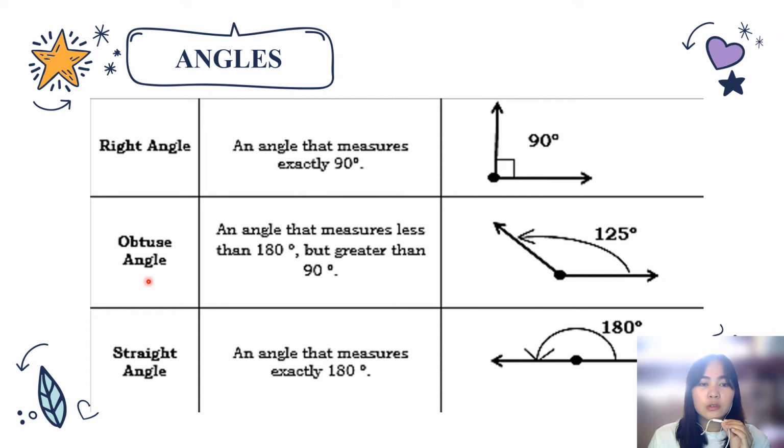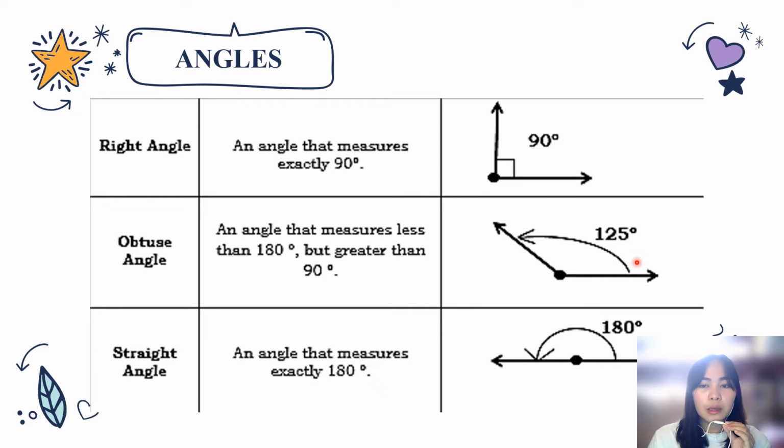How about obtuse angle? An angle that measures less than 180 degrees but greater than 90 degrees. So, obtuse angle, mas gamay sa 180 degrees but dako siya sa 90 degrees. So, here we have an example of 125 degrees. Is it greater than 90 degrees and 125 degrees?